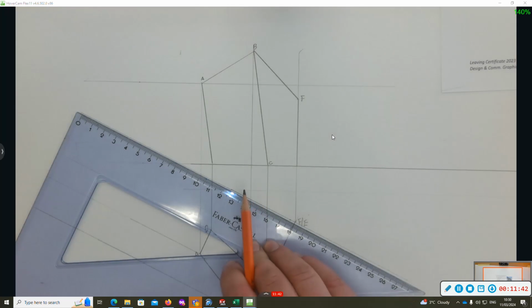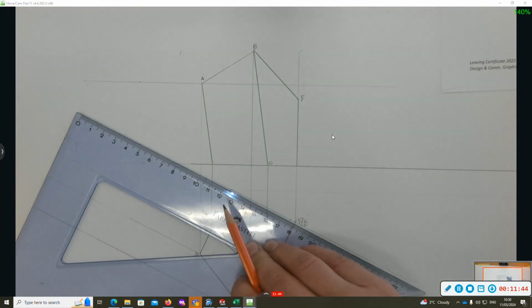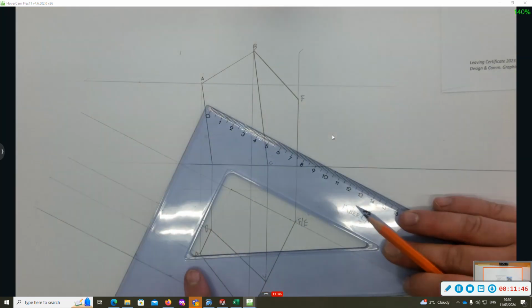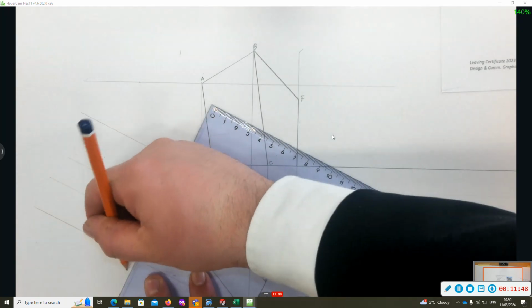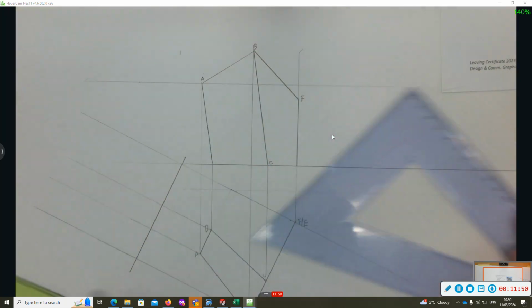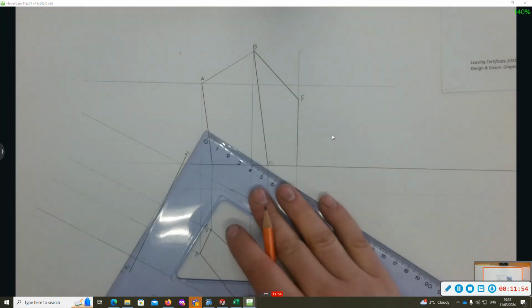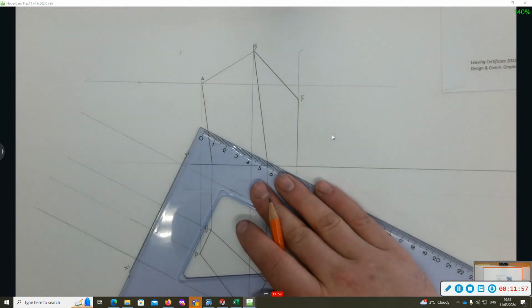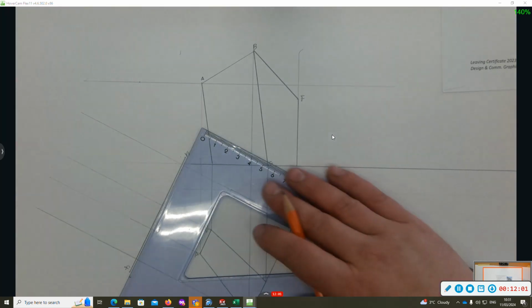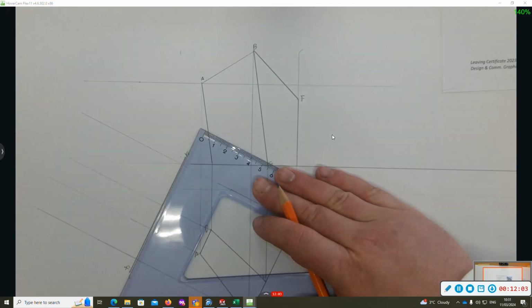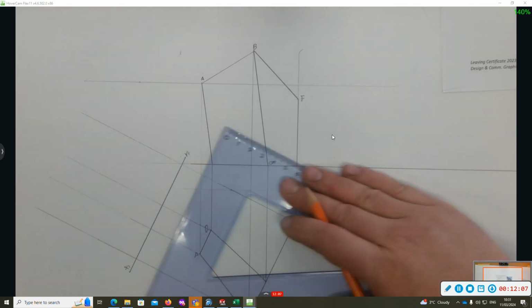We draw in our x1 y1 line. And I'm also going to mark in a datum line parallel to the x1 y1 line while I'm here, because I know I'm going to need it later for taking my secondary distances.